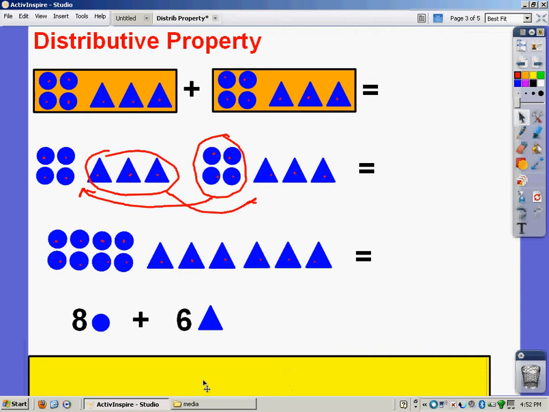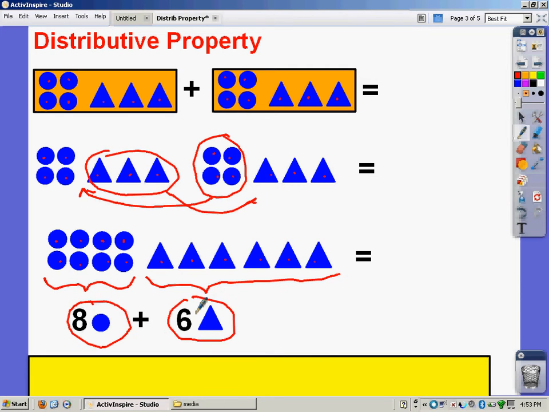Instead of writing 8 little circles together, I could just write 8 circles, and instead of writing six individual triangles, I just write 6 and a little representation of 1 triangle, indicating that in total I have 8 circles plus 6 triangles.